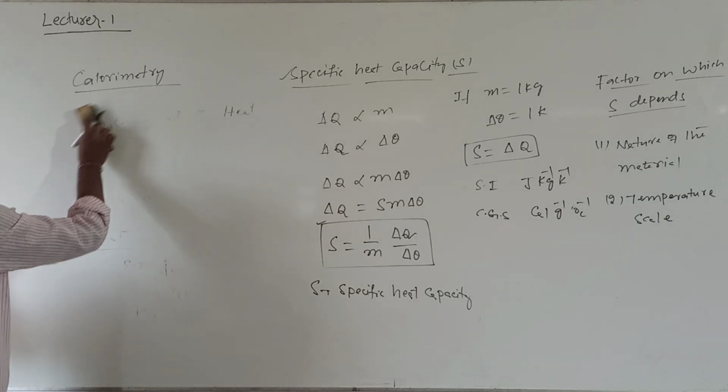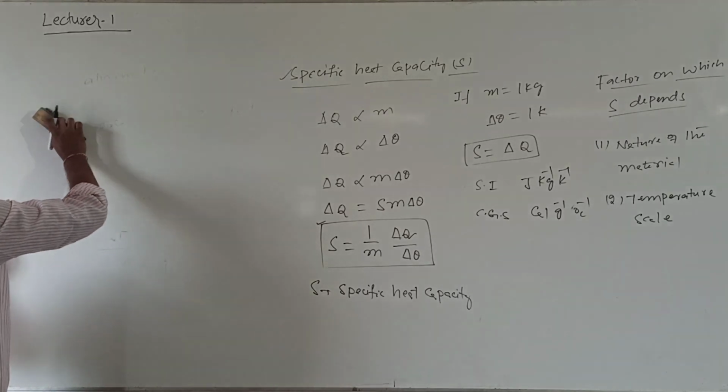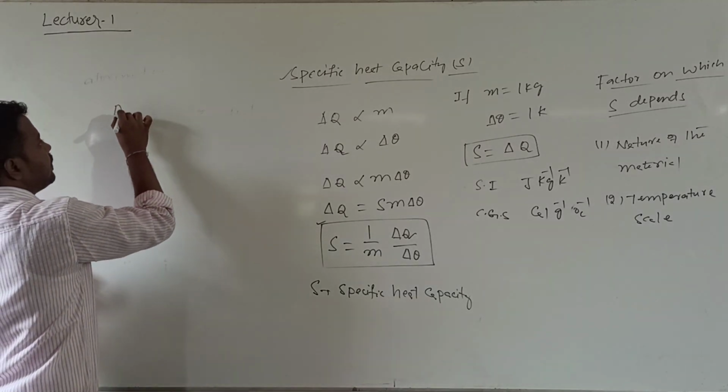Okay, now here we consider mass in kgs for specific heat. When we consider the amount of substance in moles, that specific heat is called molar specific heat capacity.